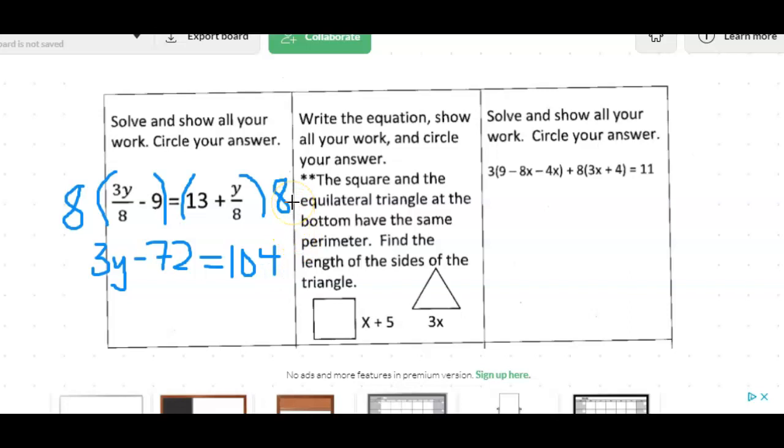And then 8 times y divided by 8, these two 8's cancel, and I'm just left with plus y. Now, in that one step, you have eliminated these fractions because you strategically chose to multiply everything by the number 8.